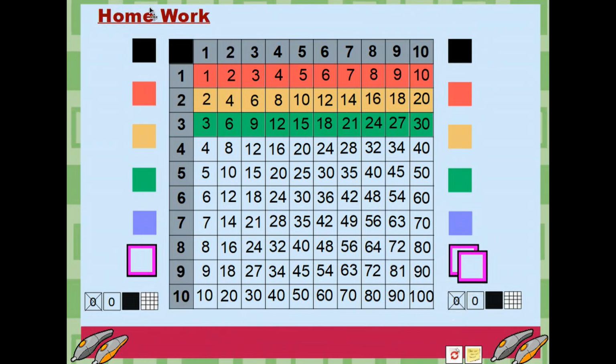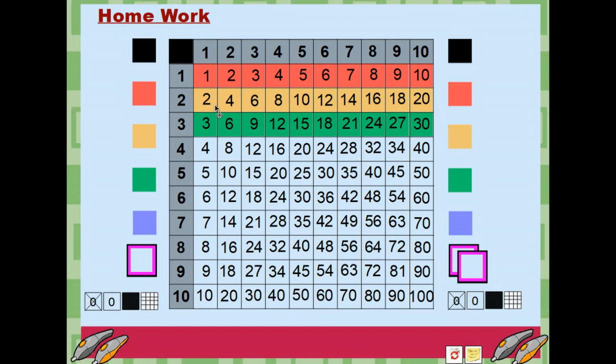Before we go to today's lesson, I have also shown you how the counting by 2, by 3, by 5 works with this diagram. The first one, with red color, shows counting by 1.